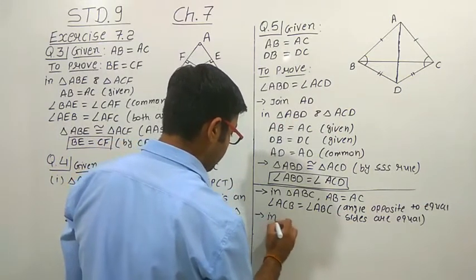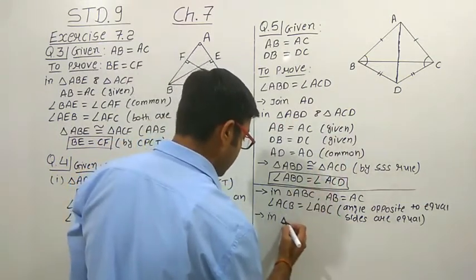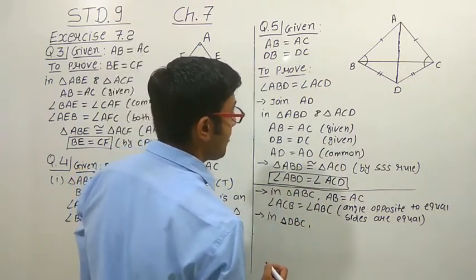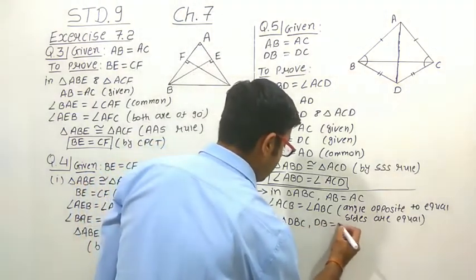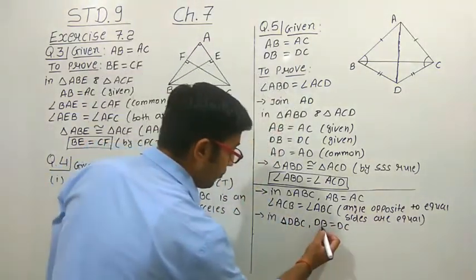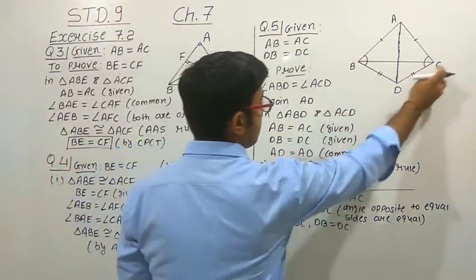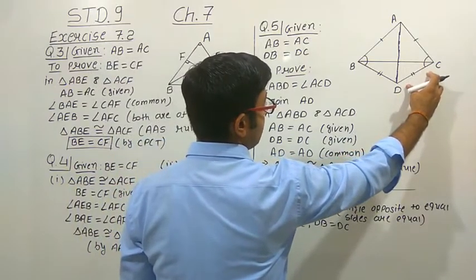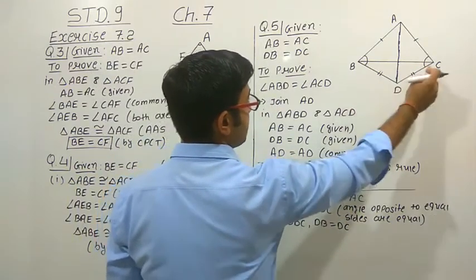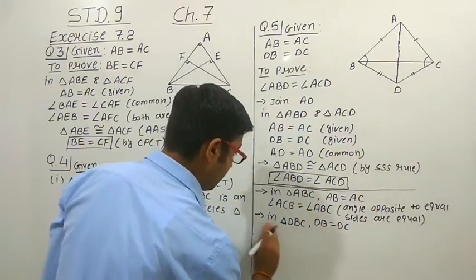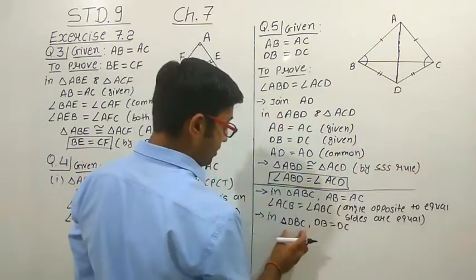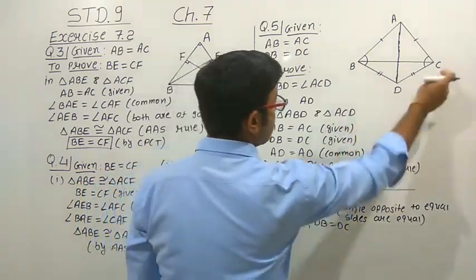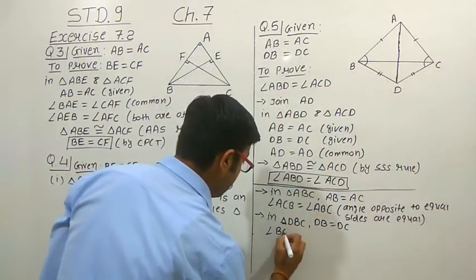Now in the same way, in triangle DBC, which two sides are equal? We are given that DB is equal to DC. The opposite angle of side DB is angle BCD.